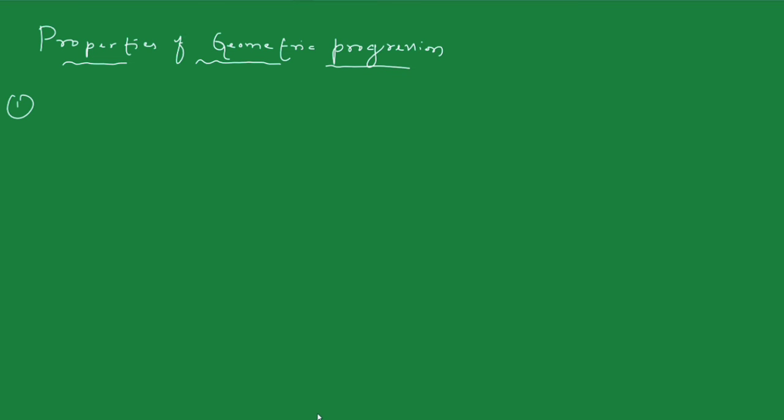Next, properties of geometric progression, right? What are the properties which hold in a GP? Let's see one by one. That is the first property.